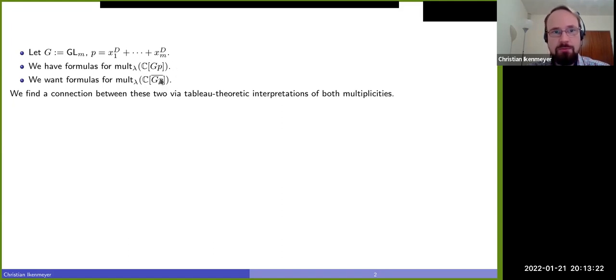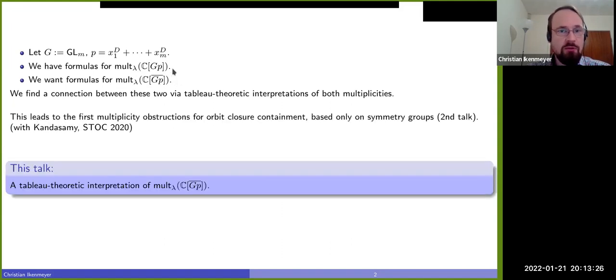These are natural numbers, and there's this connection: we understand the one thing, for which we have formulas, and we want formulas for the other, and we now establish this connection. This leads to the first multiplicity obstructions for orbit closure containment, based only on the symmetry groups of two polynomials. And so this will be the second talk.